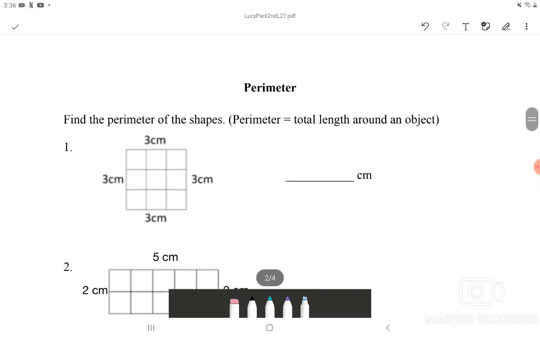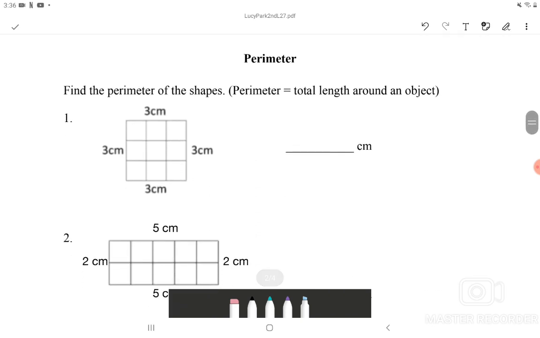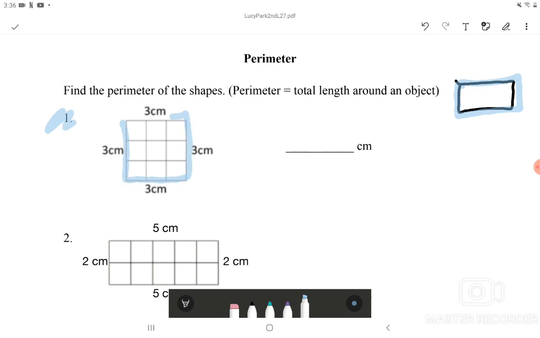Moving on to the next section, we have perimeter. For perimeter, when there's a shape like this, the goal is to get the length of the outside. I will start from number 1, and for number 1, the length over here is all 3.